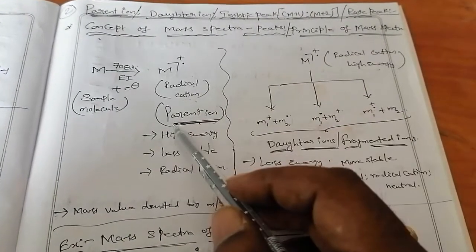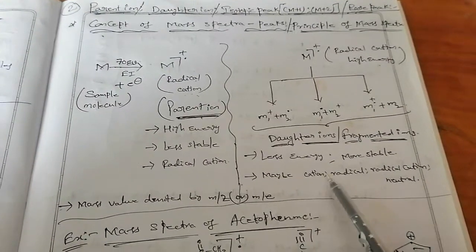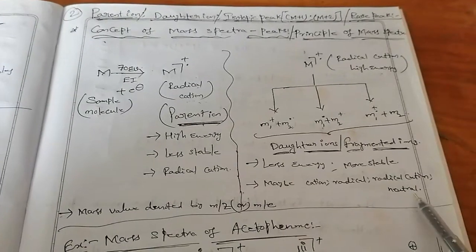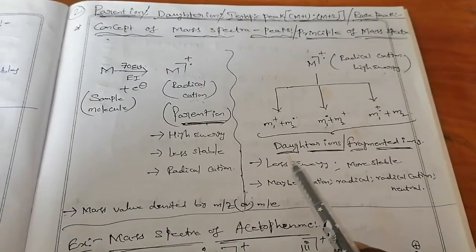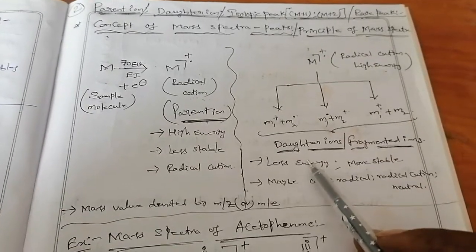If we assume this one is the parent, these are called daughter ions. Daughter ions may be cations, radicals, radical cations, or neutral. Compared to the parent ion, these fragmented ions are stable due to having less energy.